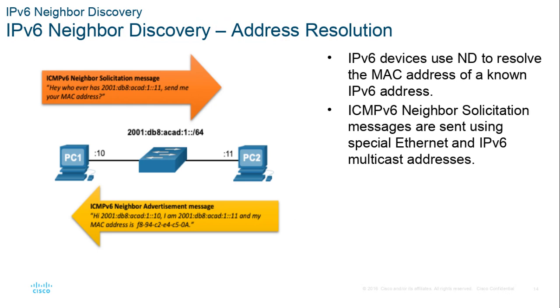Hey, calling all workstations, if your IP address is 2001:DB8:ACAD::111, I need your MAC address because I need to send you a ping or some data. So everybody hears it, but the only workstation that responds is PC2, who actually has that unique individual address, and he sends back his MAC address to PC1. Now PC1 can send it. So IP version 6 devices do not use ARP, they use neighbor discovery.